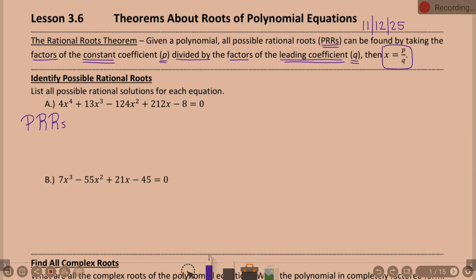I'm going to set that up by saying x equals P over Q on this first example. Now, go back up to the directions. X equals P over Q. What did it say P represents? Factors of the constant. What is my constant in this problem?